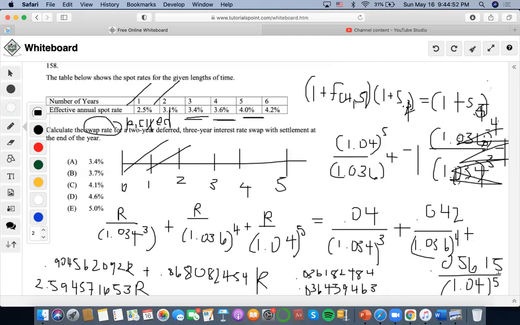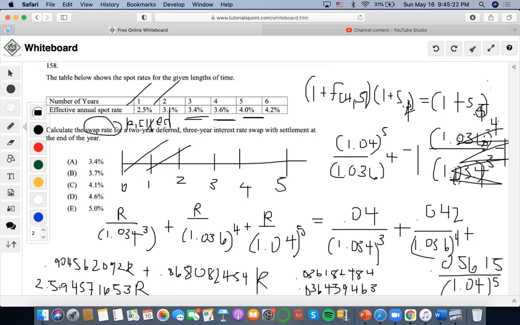And then this one's going to be 0.05615 divided by 1.04 to the 5. It's going to get 0.046151207. Add these two, plus 0.036459463 plus 0.036182484.